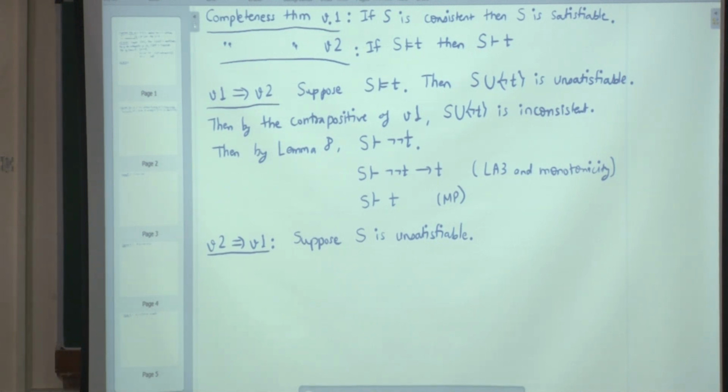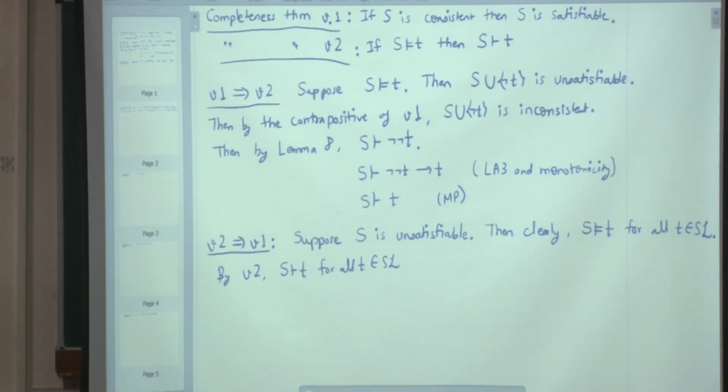So by definition, T is a logical consequence of S for all T. Once this happens, by version 2, T is deducible from capital S for all T. What does that mean?